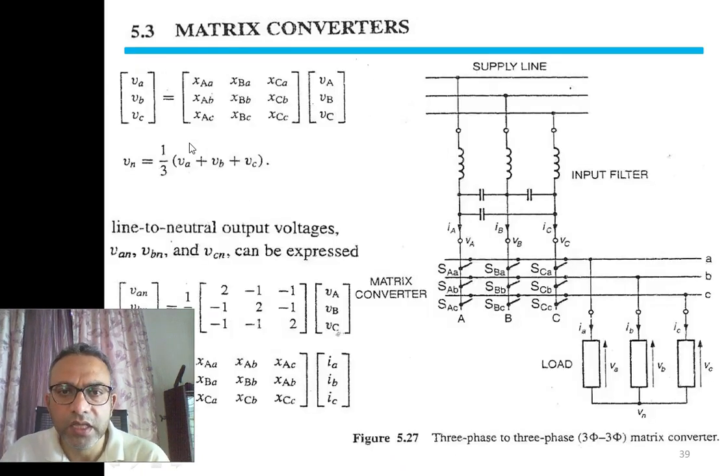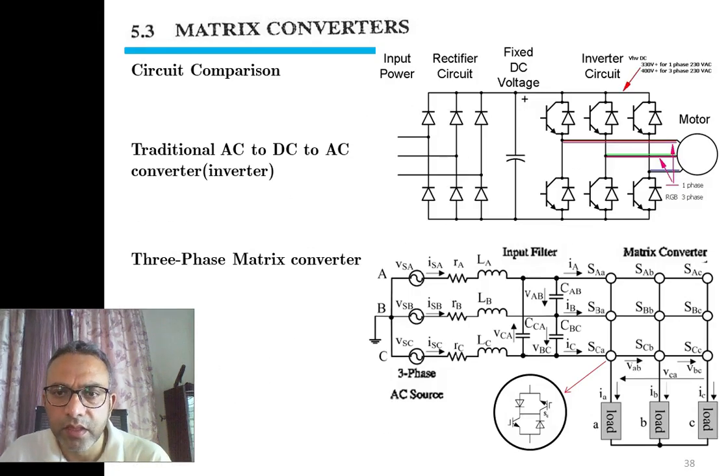The input filter is used to eliminate higher order harmonics so that the harmonics do not enter the supply line or the three-phase input. So if you look at the original diagram, the input filter will mitigate the higher order harmonics and prevent them from entering the three-phase power sources.